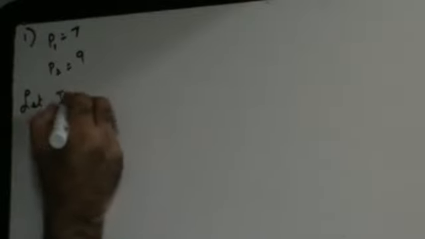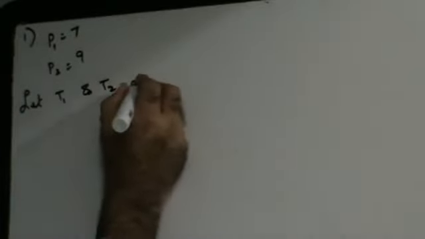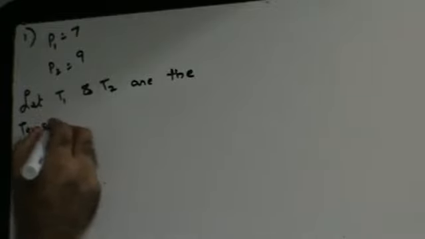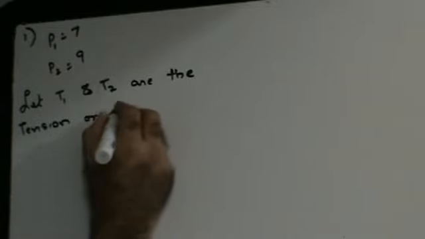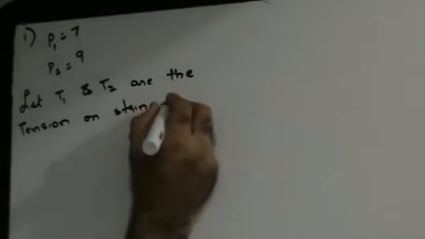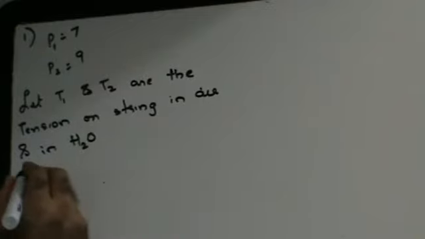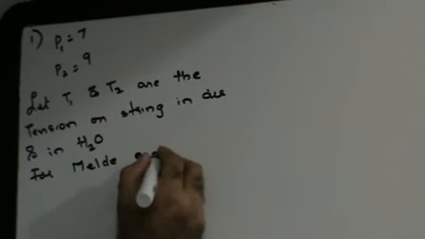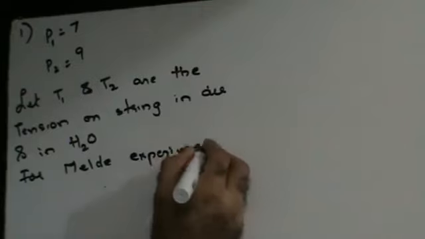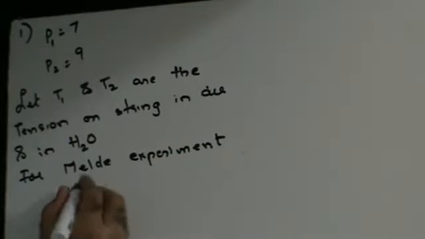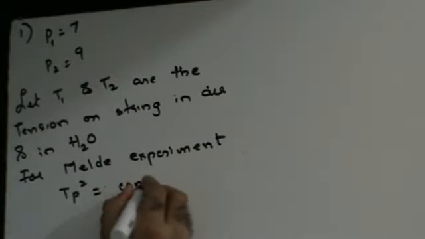Now let's assume that T1 and T2 are the tensions on the string in air and in water. We know that for Melde's experiment, Tp square is constant.